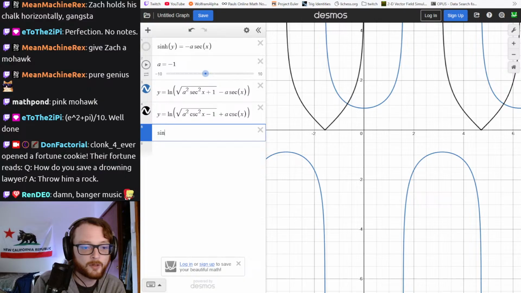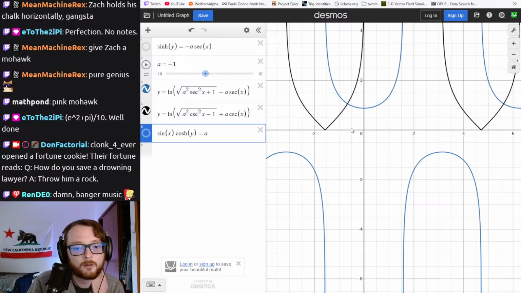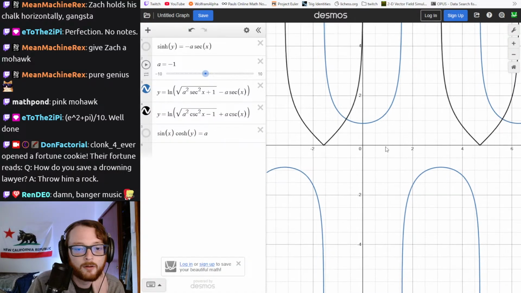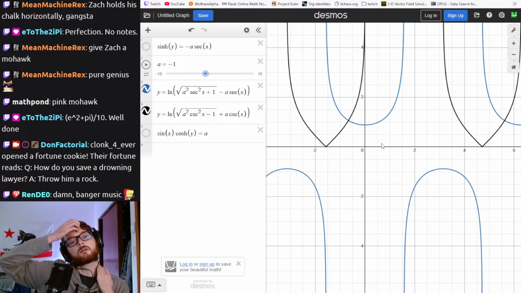Sine x cosh y equals a. Oh no, it doesn't look different. I see.